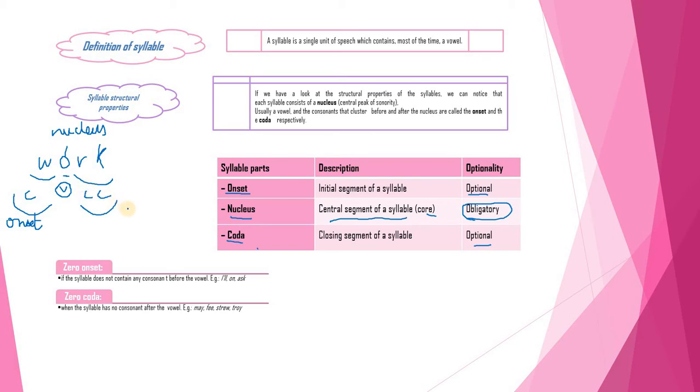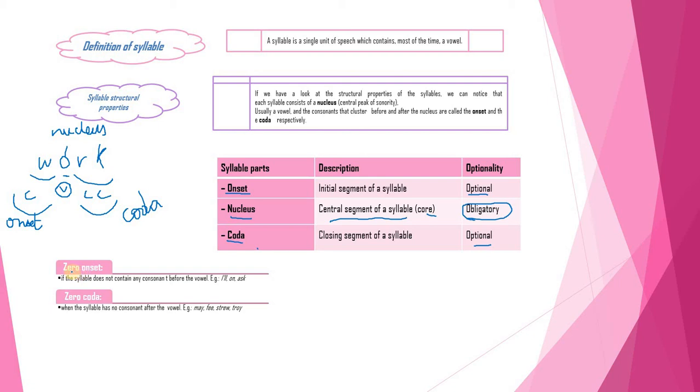It is called the coda. This is in case I have consonants before and consonants after the nucleus. The segment which comes before the nucleus is called the onset. The segment which comes after it is called the coda. Both are optional. The nucleus is obligatory in a syllable.